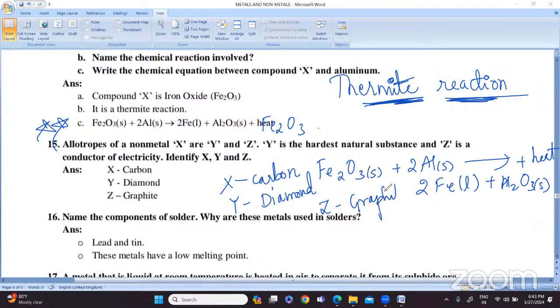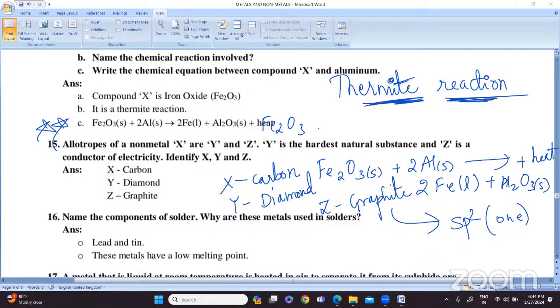So graphite, why is it a conductor of electricity? Because here the carbon is sp2 hybridized and there will be one unpaired electron.